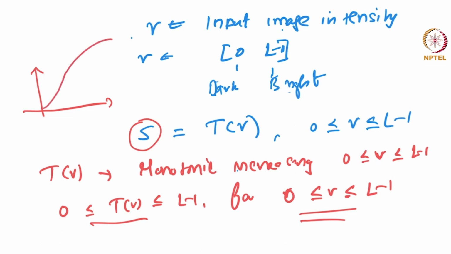Where this is the L levels R and this is T of R. So within this range, 0 to L minus 1, you don't worry about what happens beyond these ranges, but within this range it's 1 to 1, right, and it's monotonically increasing. So you can't have multiple valued functions, right, or functions that go suddenly flat, etc. We can't have functions like that. So that much is understood.